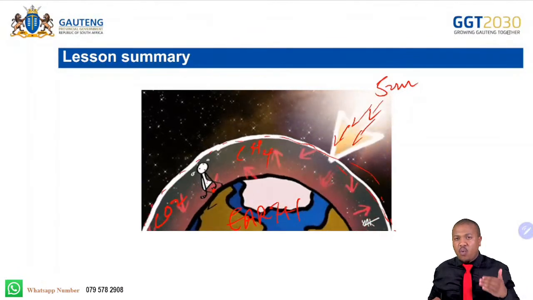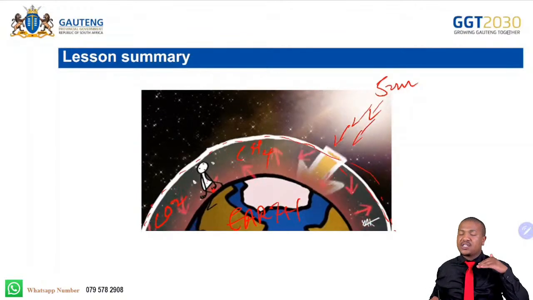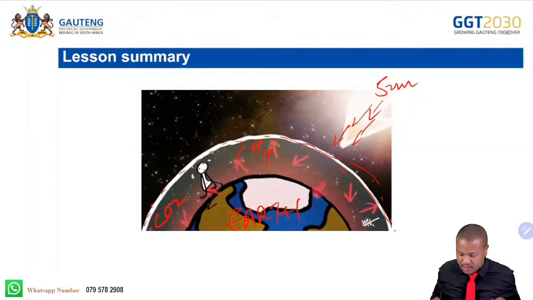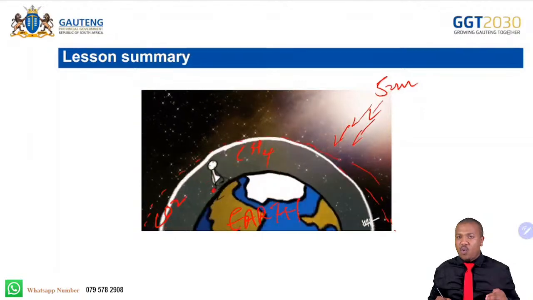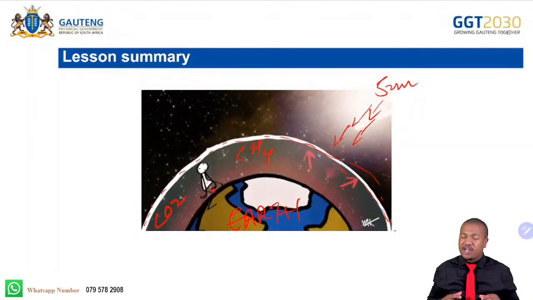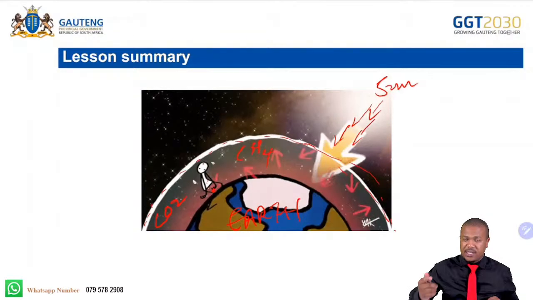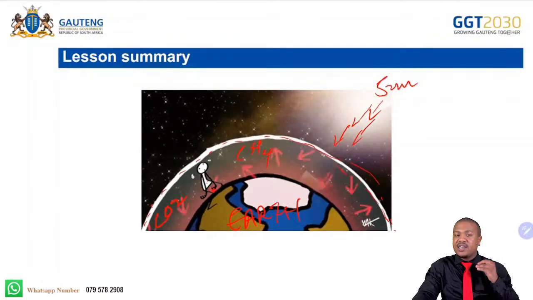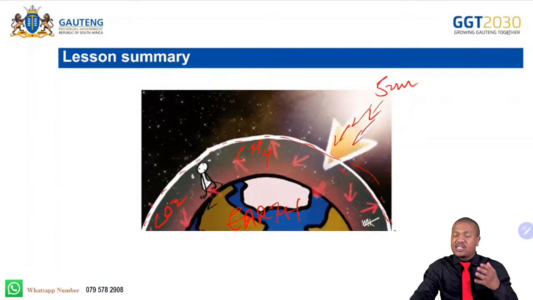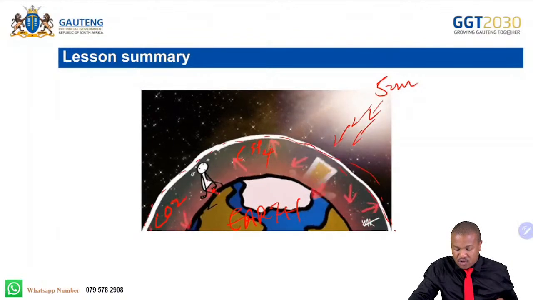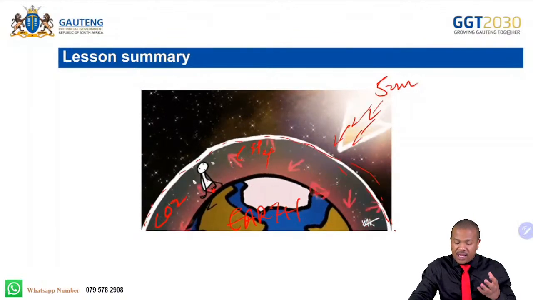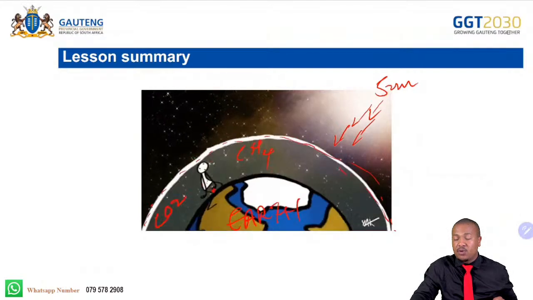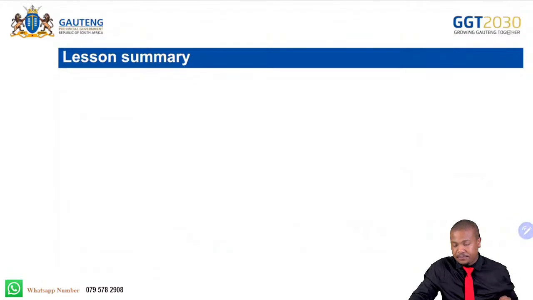Keeping us warm, right? Keeping us warm at night mostly, right? So that we do not lose much energy into space, right? So this is why we say that the greenhouse effect is there to sustain life, right? To make what? The earth and the atmosphere as warm as possible to sustain life.